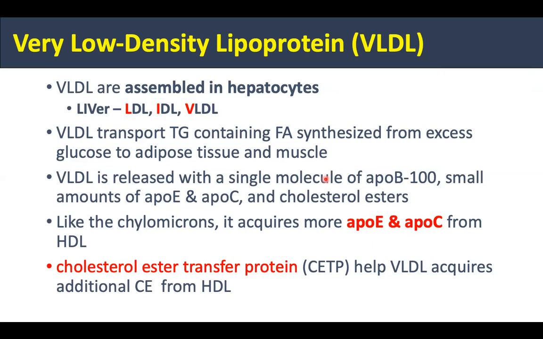So ApoE is going to attach to, let's say, VLDL, and once the VLDL attaches to the LDL receptor on the liver, the ApoE is going to trick the LDL receptor into thinking, hey, I'm also LDL. Make sure that you endocytose me and store me in the hepatocyte. Does that make sense? The ApoE is responsible for attaching to the LDL receptor so that lipoproteins can be endocytosed by hepatocytes and stored.